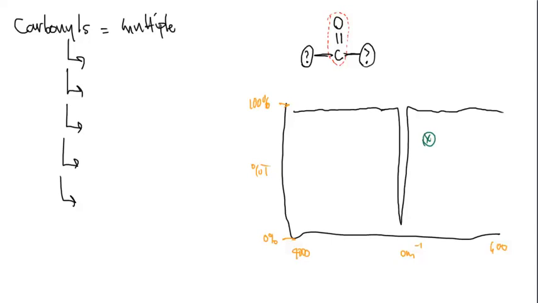This peak is going to be titled strong. It's a very strong band. That means that it's a very deep peak that almost goes down to 0% and back up.